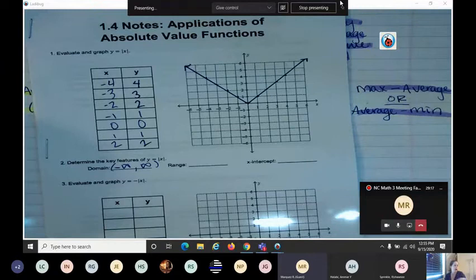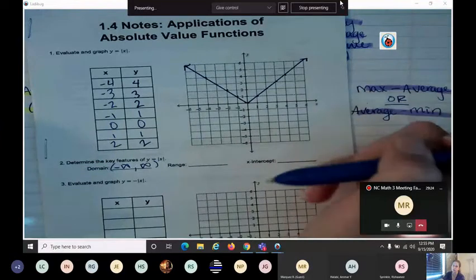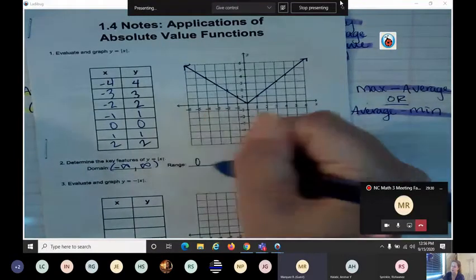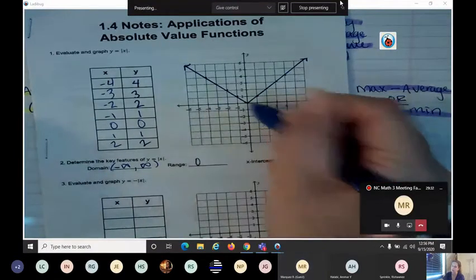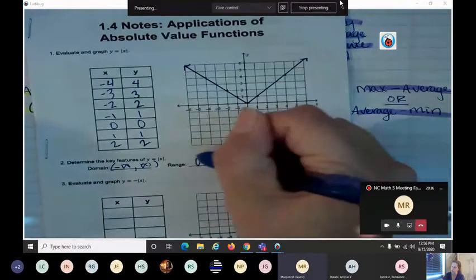Ma'am? All right, Marquez. So looking at the range, what's the lowest this function goes? 0. Perfect. And is it included on this graph? Yes, ma'am. So we're going to use a square bracket.